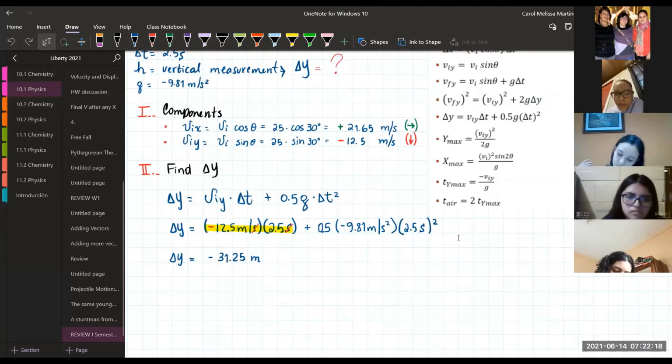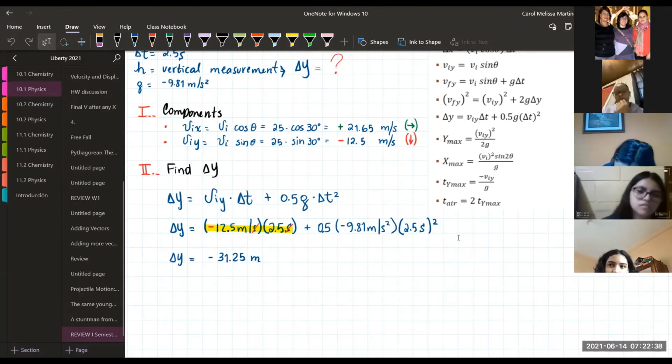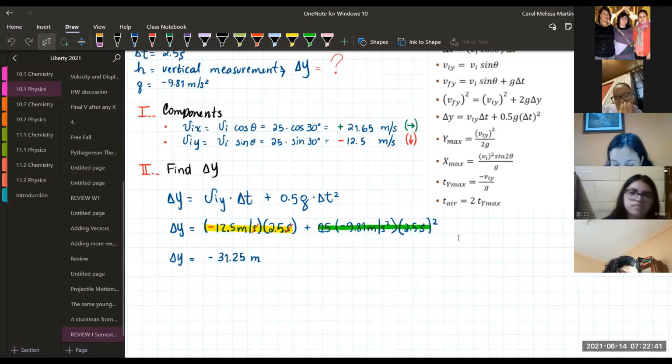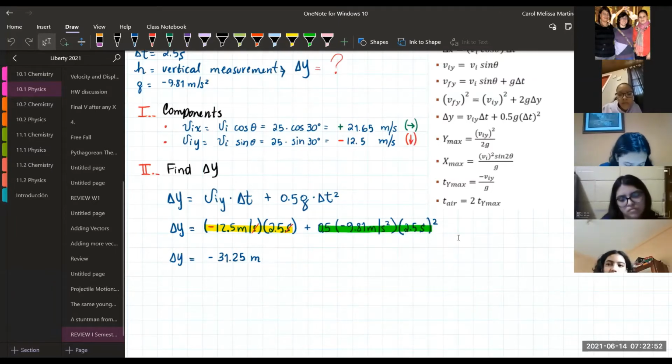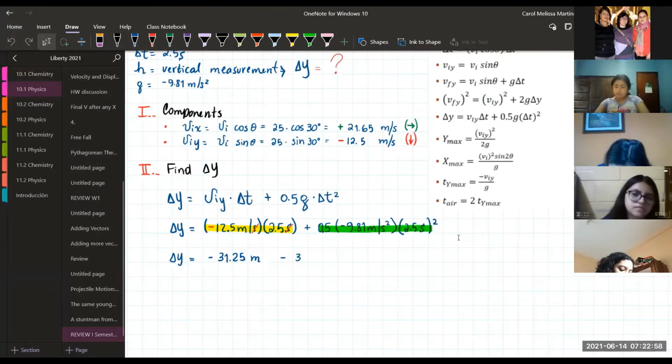Now, this answer here is going to give me also negative because I have positive, negative, and positive is going to give me negative. So I'm going to leave the negative here. It's 30.66. From this, we got negative 30.66.